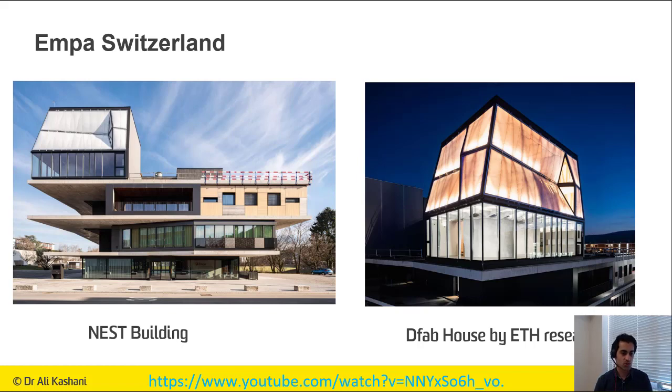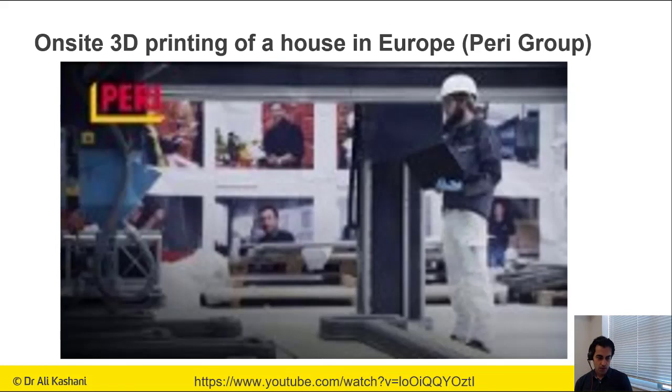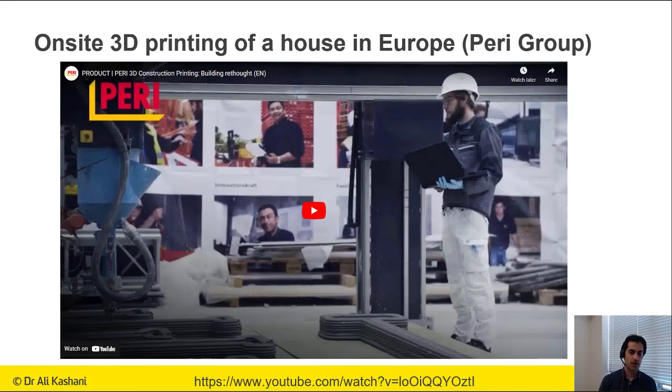One of those projects that is really interesting is the DFAB House, or digitally fabricated house, done in collaboration with ETH researchers. If you look at the DFAB House website and the NEST building, you can find more about what is included: the use of robots, digitally fabricated and assembled timber structures, 3D printing, and everything is available in the fabrication of that house, which is pretty amazing.